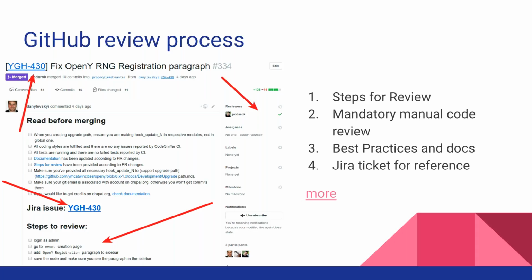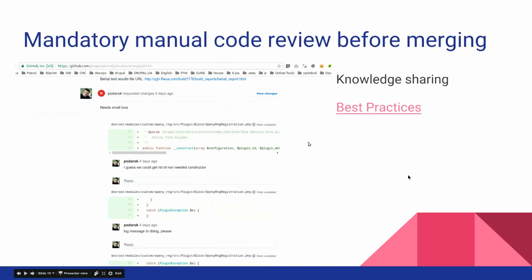So this covers the knowledge exchange between developers during the development. So here is how the code review looks. We have best practices where we collected different common mistakes and how the code should look.